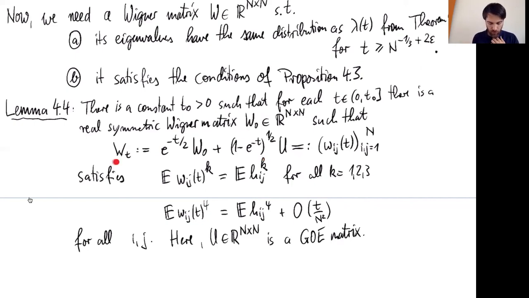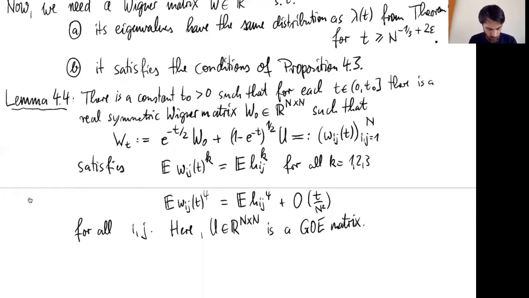Then we know that the eigenvalues of this matrix flow have the same distribution as what one gets from the Dyson-Brownian motion. From that point, we can apply part A here, and obviously also part B is satisfied. So that will give us the matrix that we want.